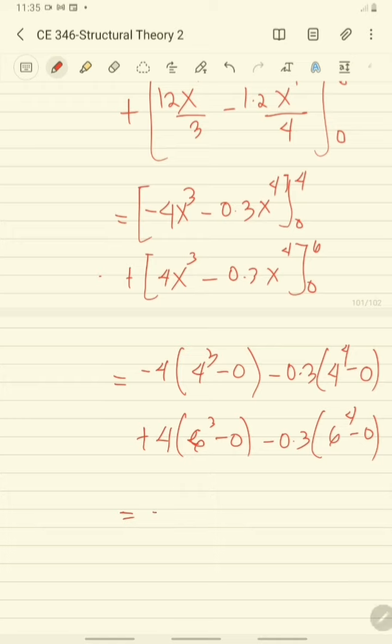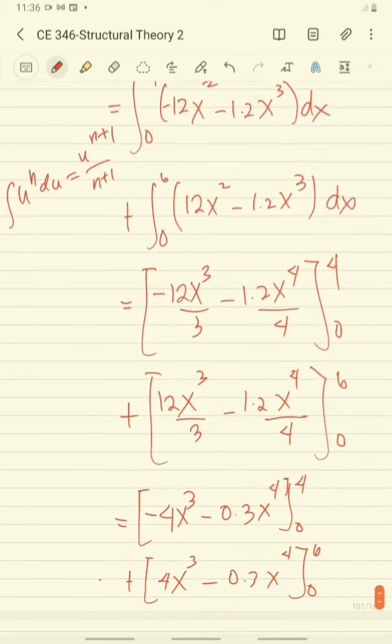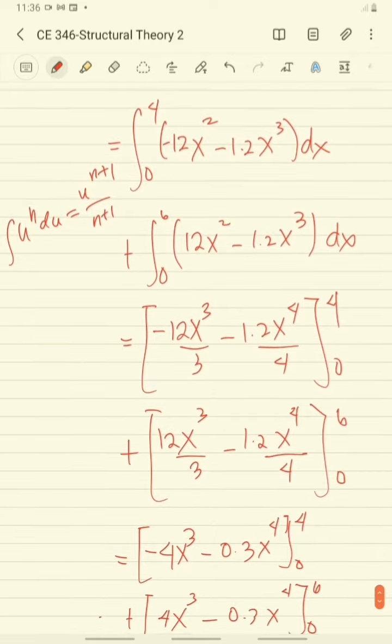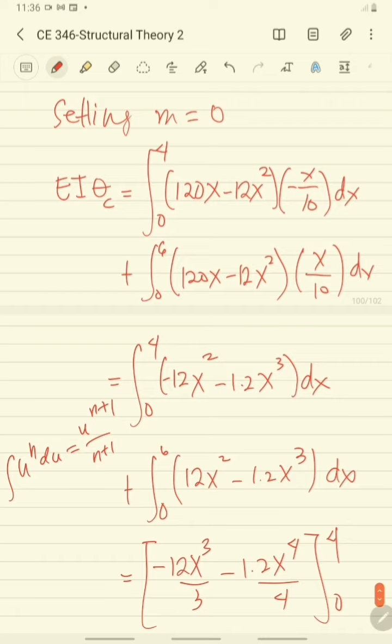So that is negative 256 minus 0.3 times 4 to the 4th, which is 76.8. Plus 4 times 6 cubed, that is 864. Minus... is this correct? Negative, negative.